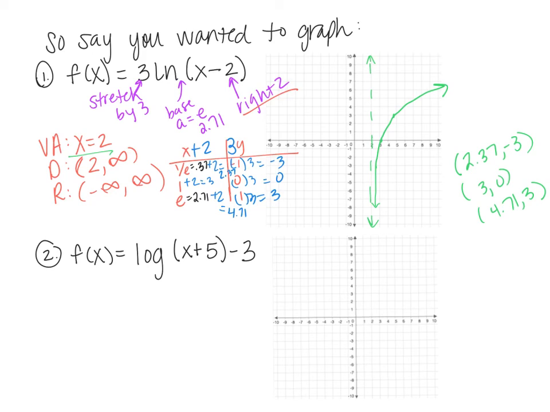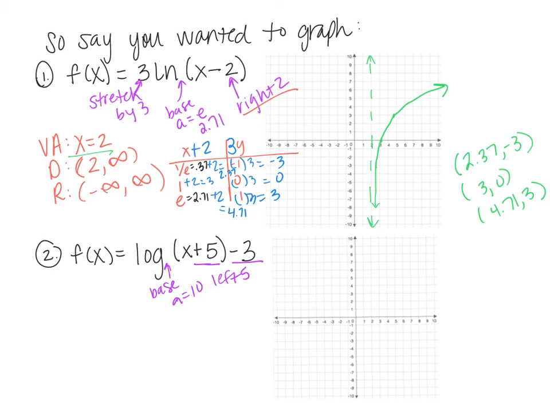Let's look at this last one where we have our log with its common base of 10. The first thing I'm going to do is I see that I have no base, so I know that my base, or my a, is going to be 10 here because it's log. I have a plus 5, so I'm going to be moving to the left 5.